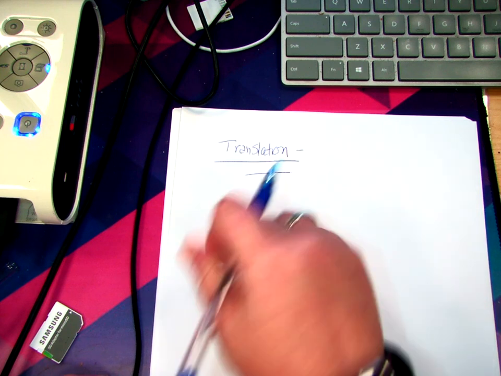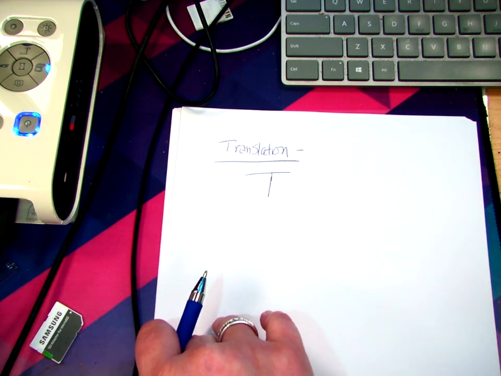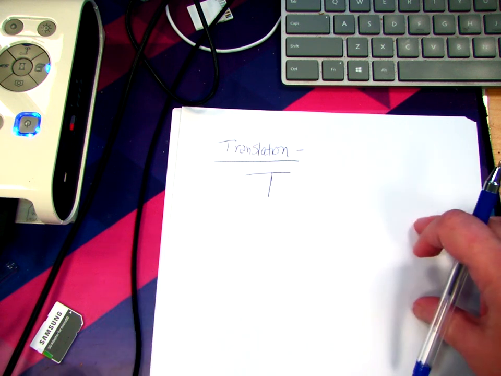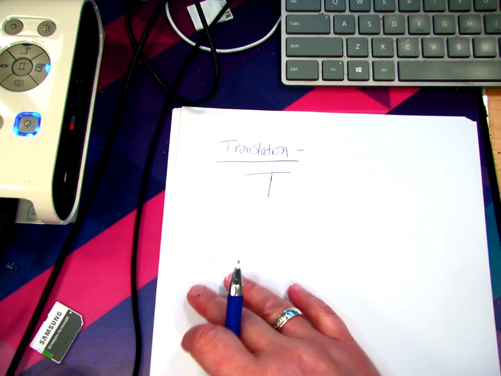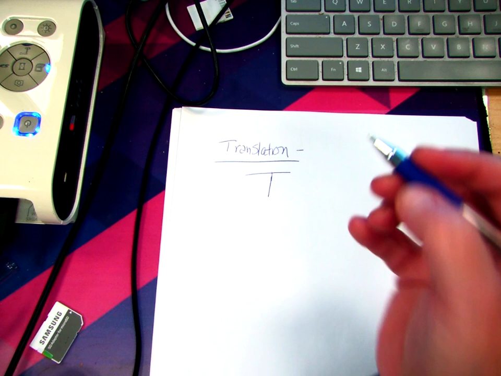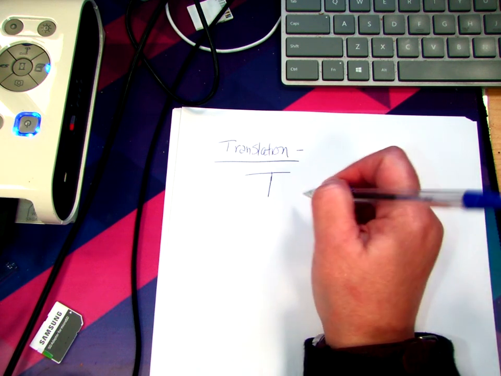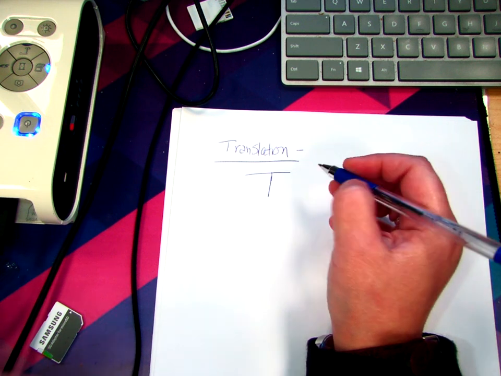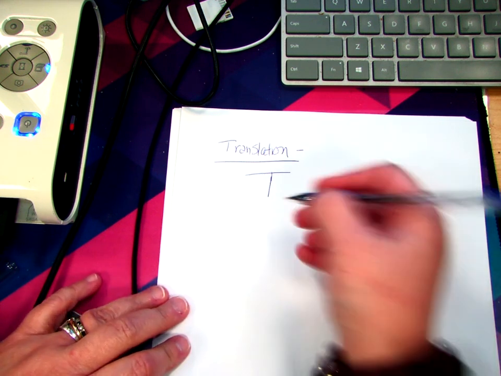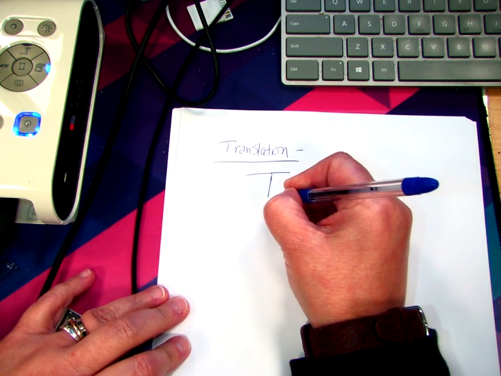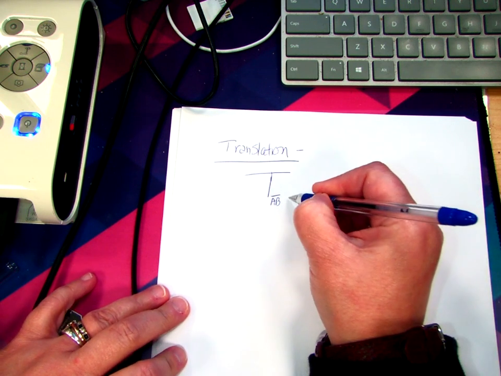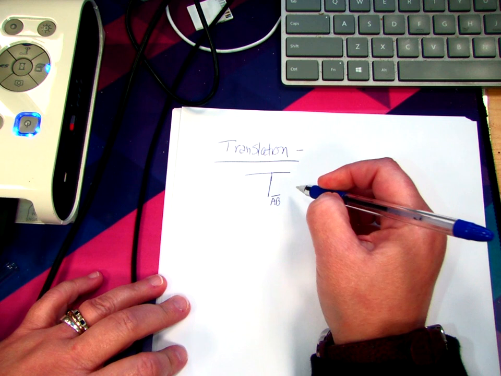Okay, we said that we do a translation where we are sliding the figure, okay, across the plane or across the coordinate system. Okay, we use a segment, and the order of the letters of the segment matters. Okay, so if I tell you that I have a segment AB, okay, we are translating.